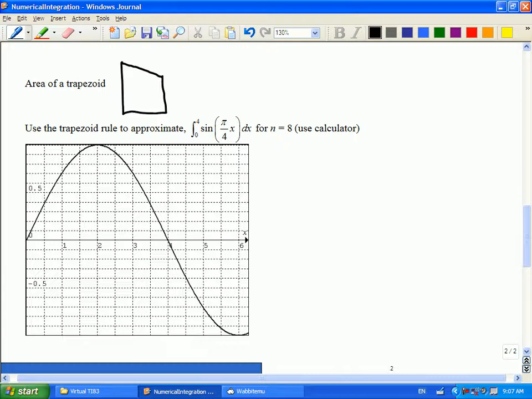It's a four-sided figure with two parallel sides. So these would be my parallel sides. The area of this, if I call this the tallest point and the smallest point, is the high plus the low divided by 2 times its width.